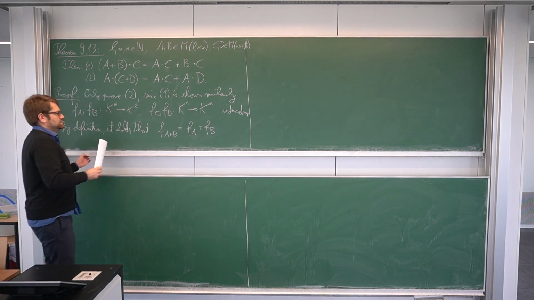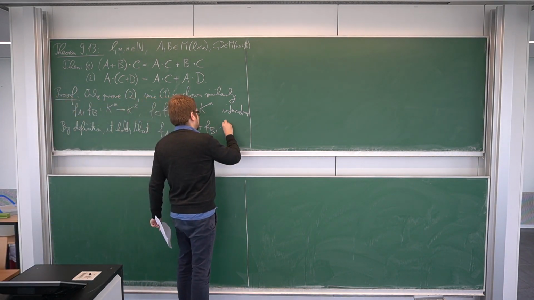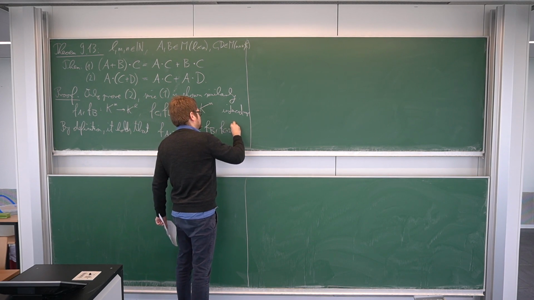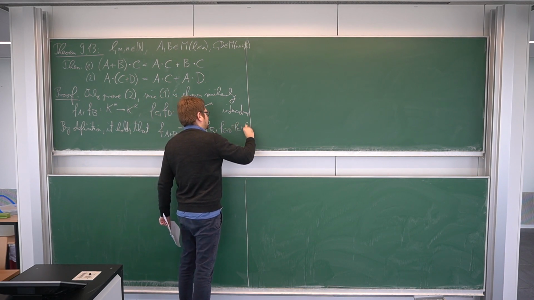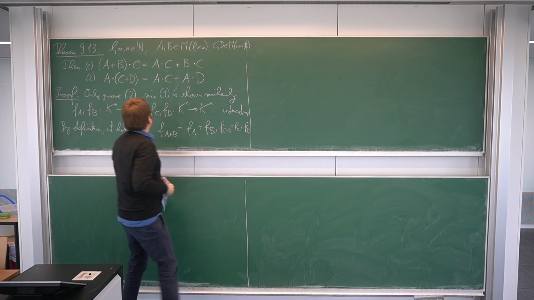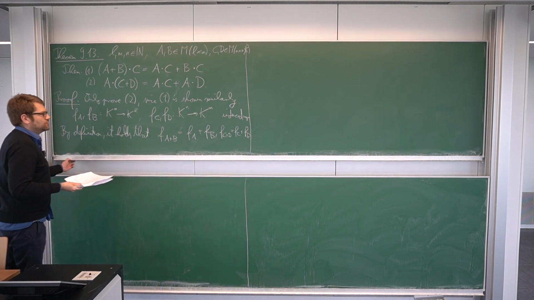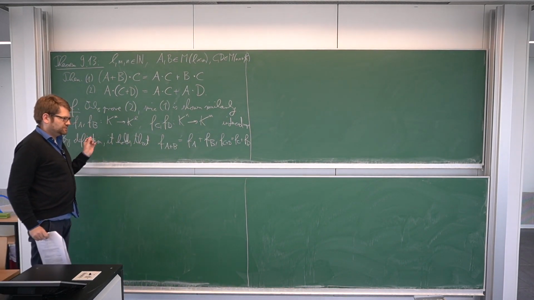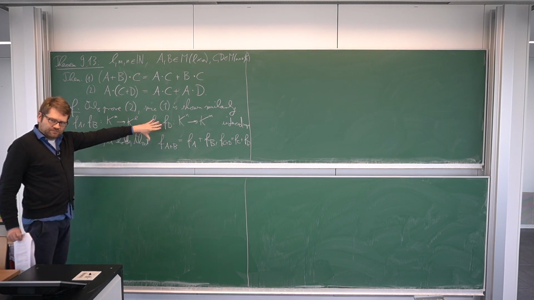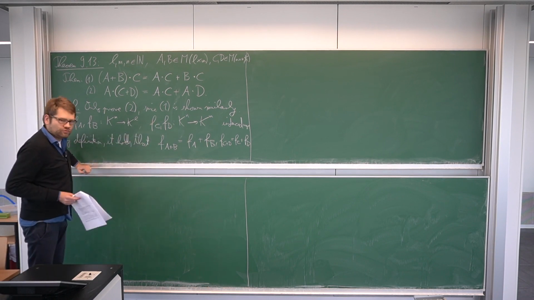And of course the same holds for C plus D: Fc plus Fd. I'm just realizing we only need the second one, but anyway, the sum of the matrices induces the map which is the sum of the maps that belong to the original matrices.